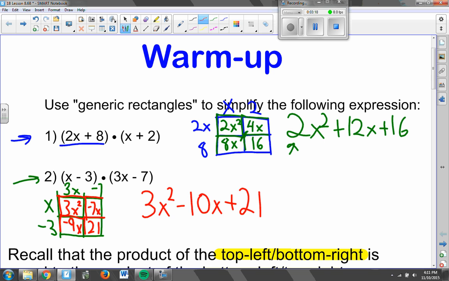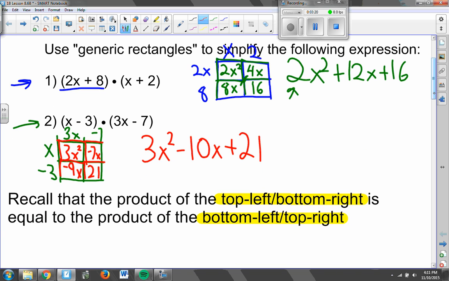Now, one thing I want to remind you of before we move on is that in all of these generic rectangles, if I multiply the top left and bottom right boxes, here for example, 2x squared times 16, that is exactly equal to the bottom left and the top right box, 8x times 4x.